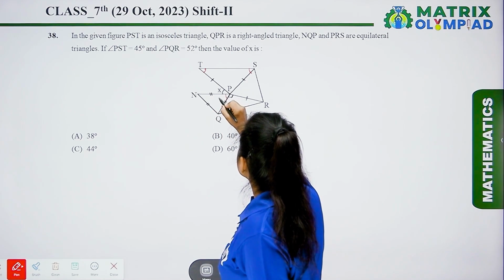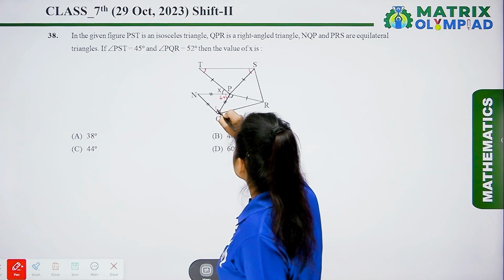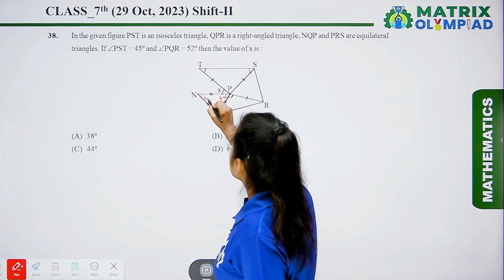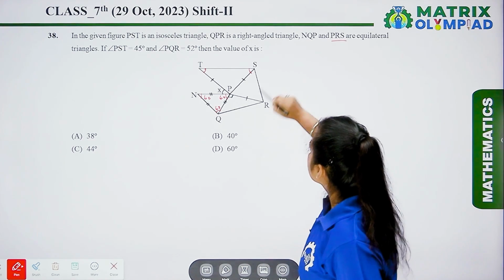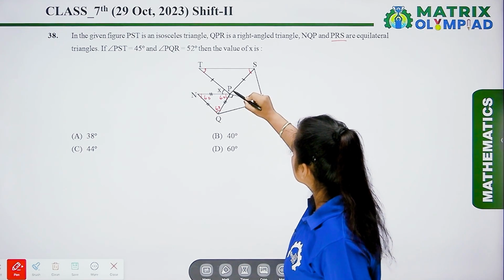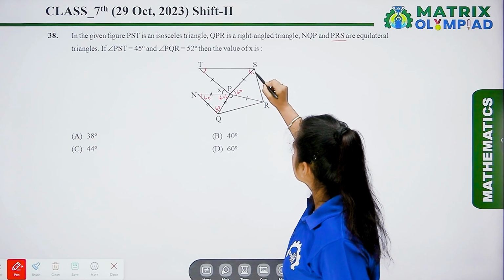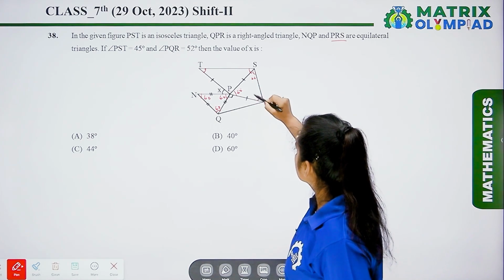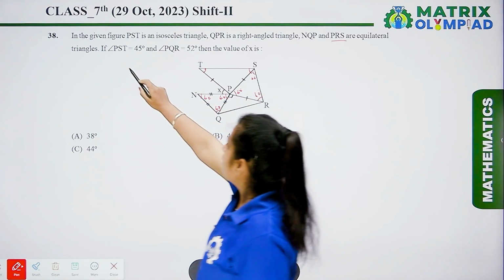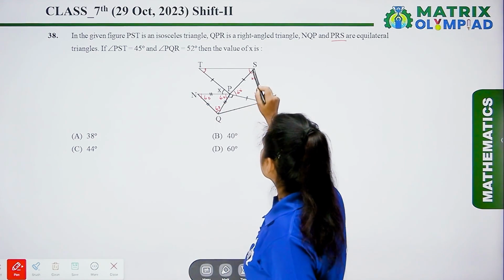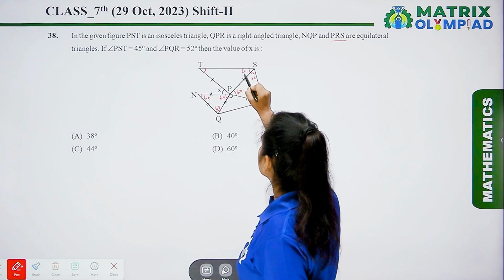Now it means NQP, this is 60 degrees, this is 60 degrees, this is also 60 degrees because this is an equilateral triangle, and the next one is PRS. So this is also 60 degrees, and next is 60 degrees. Our equilateral triangle, angle PST is 45.